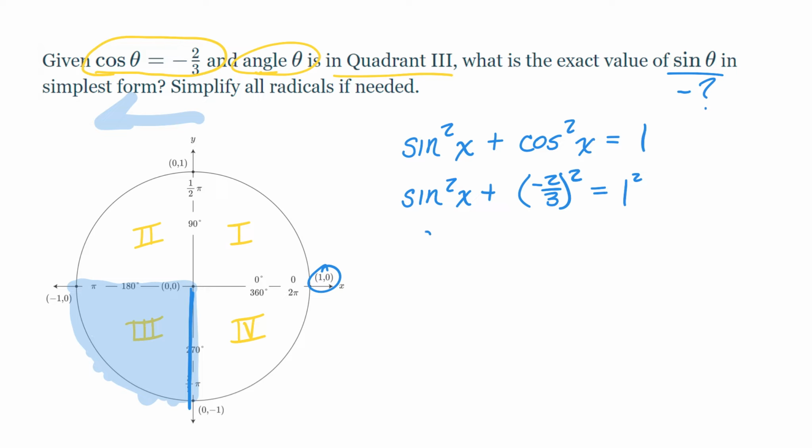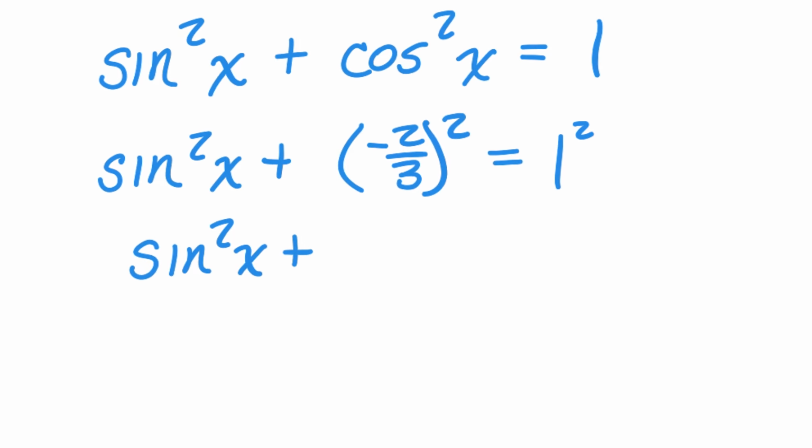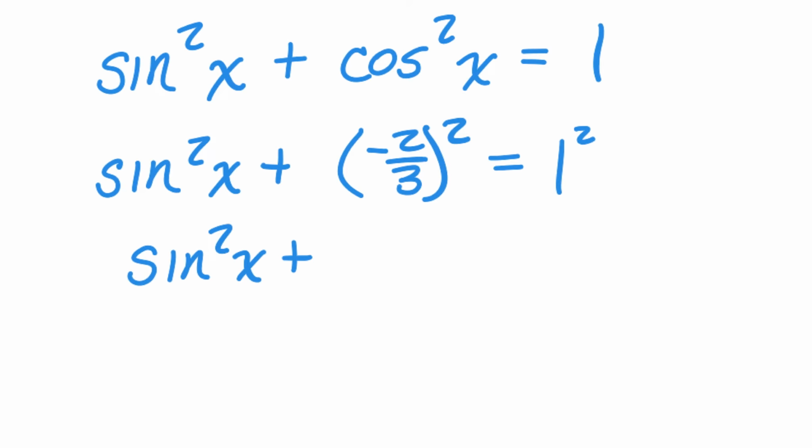So we're going to do the math that we know: sine squared of x plus, I'm going to zoom in here so we can see all of this, (-2/3) squared becomes 4/9. And as we said, 1 stays 1. So we're solving for x, so the next thing we need to do is subtract 4/9 from both sides.